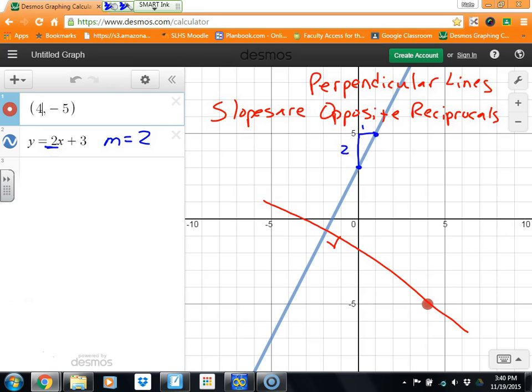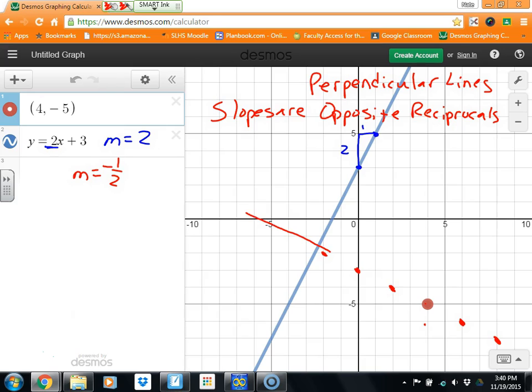So an opposite reciprocal would be negative 1 over 2. So if I take a look on the graph, now to find our exact intercept, I should go down 1 over 2. Down 1 over 2. I'm going further away from the y-axis. I need to reverse it. Over 2, up 1. Over 2, up 1.